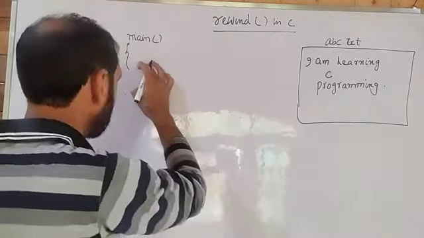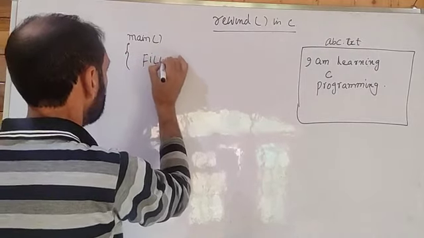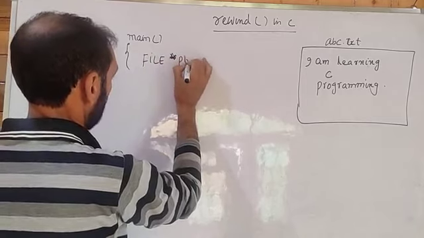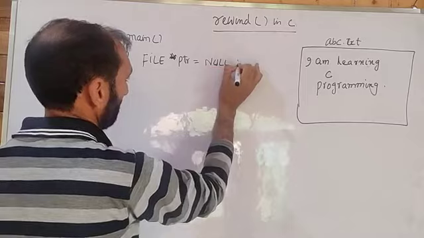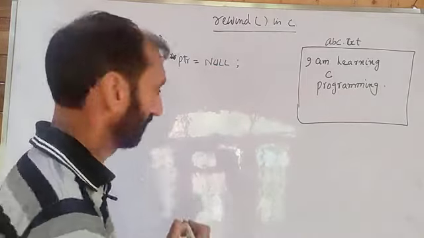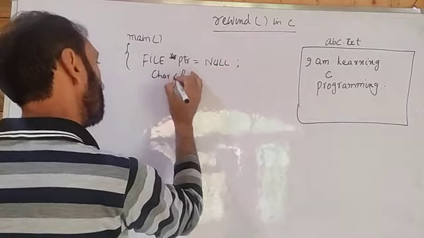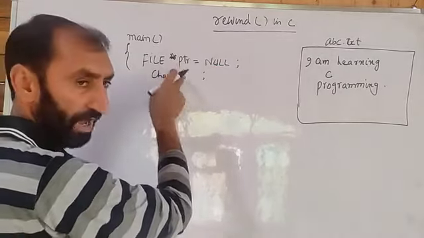So first we create a file pointer, FILE asterisk ptr, and initialize it with NULL. After that, I declare a variable ch of type char.